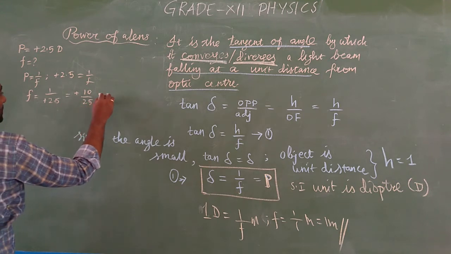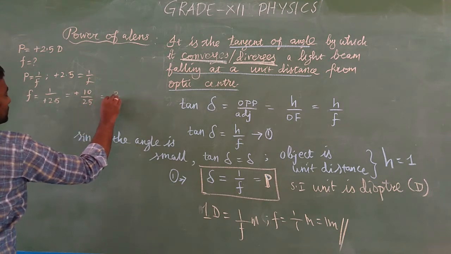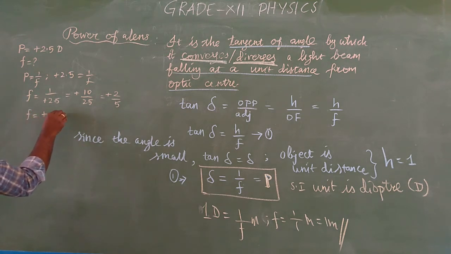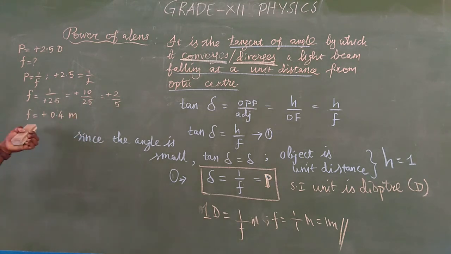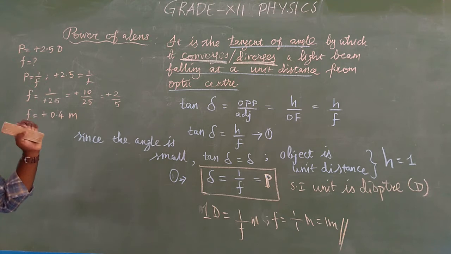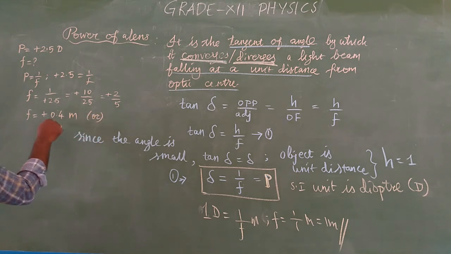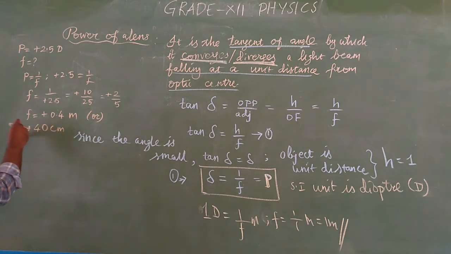So what is the value of 10 by 25? It is 2 by 5, plus 2 by 5, which is equal to plus 0.4 meter, because the focal length of a lens is always mentioned in meter. Meter is the SI unit of focal length, but in centimeter we can say plus 40 centimeter.